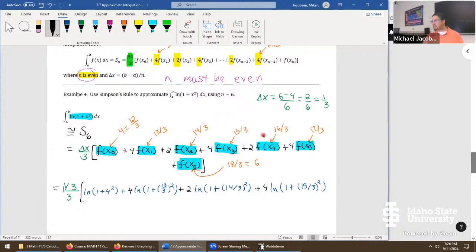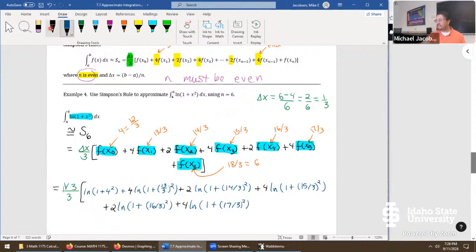Definitely riveting stuff. Next one is plus 2 natural log 1 plus 16 thirds squared, plus 4 natural log 1 plus, I lost my place, 17 thirds squared.